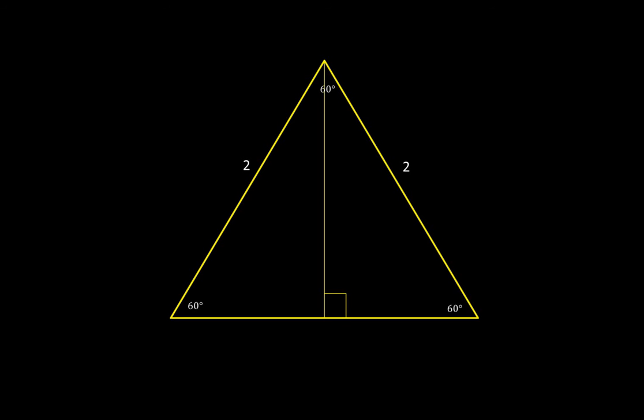So 2 becomes 1 and 1. Here 60 degrees becomes 30 and 30 degrees. Now we can find the height of the perpendicular line, and that would be square root of 2 squared minus 1 squared, that's square root of 3.